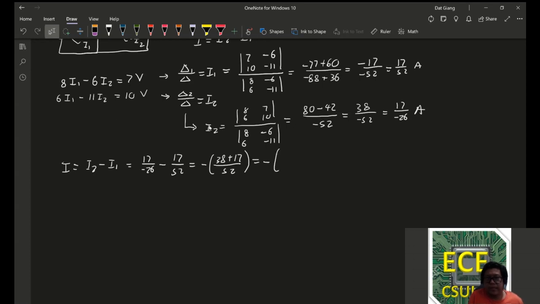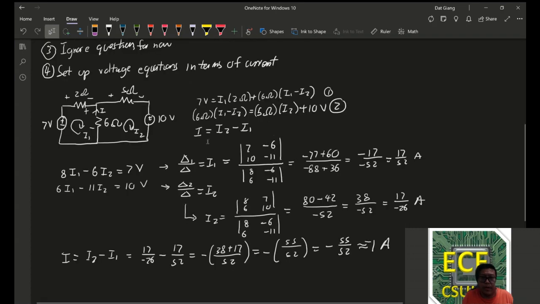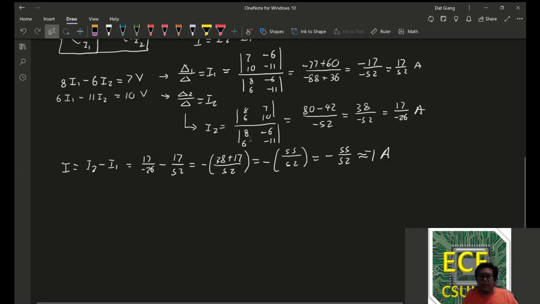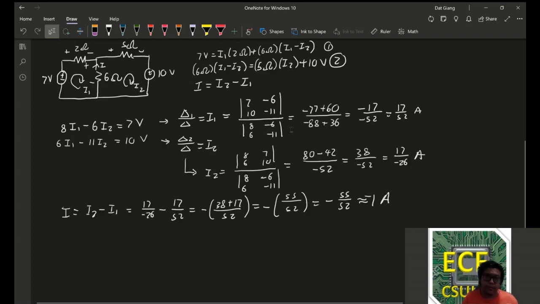We have, in this case, 55 divided by 52, or negative 55 over 52, roughly about negative 1 amp. And so that becomes how we use mesh equations.